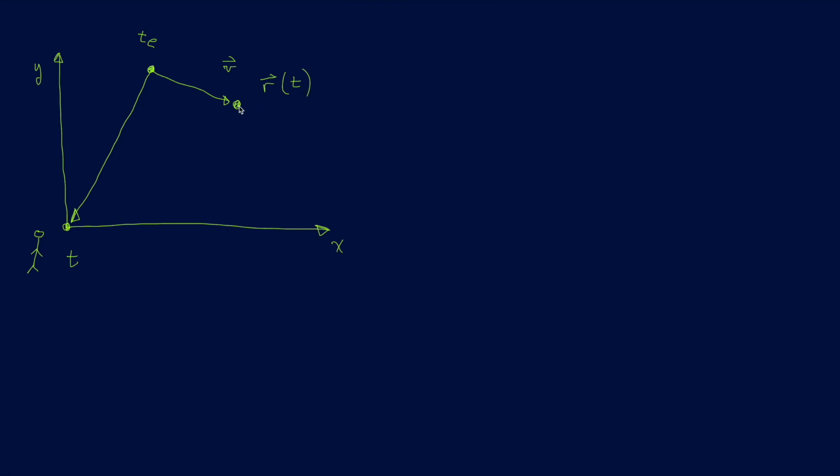So this is where the source ends up by the time the ray of light has reached the observer. Okay? And here's a vector for that. This is r of t over here. Let's move this guy over here so we can see it better. So we're going to put him right there. That's r of t. Okay?